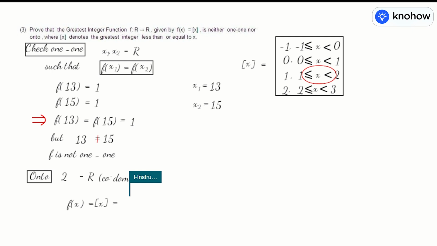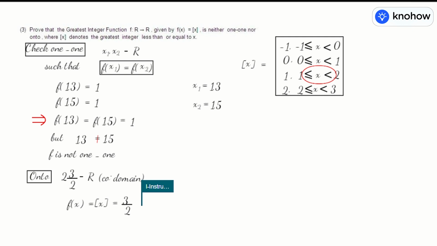Sorry, please don't take 2, because you know the images are the integral points you observed, lying between greater than or equal to 2 and less than 3. Take it as a fraction. Suppose you take 3 by 2. Please make a correction. Let 3 by 2 be a number in the codomain such that f(x), the greatest integer function of x, is equal to 3 by 2 instead.